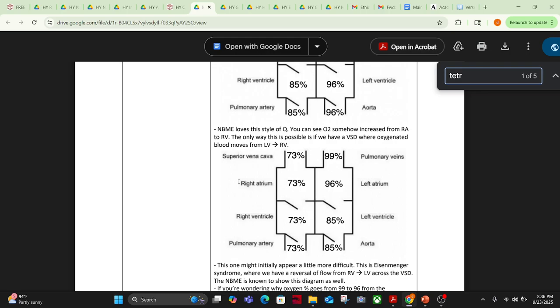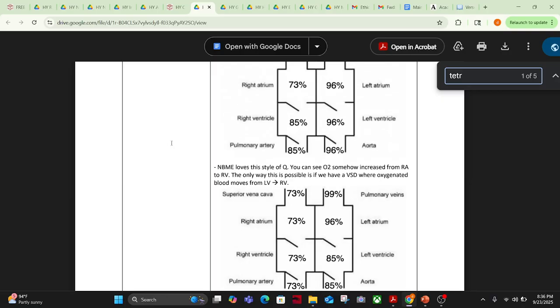Now, you have to know that tetralogy flow is always going to be a right to left shunt. See this: tetralogy flow always goes from right ventricle to left ventricle. That's because there is a lot of pressure in the right ventricle, and it has to switch.